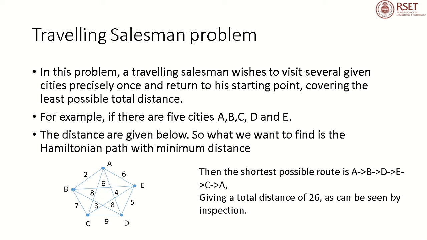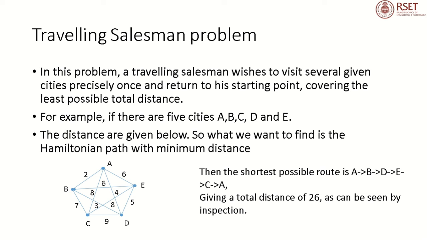In that case, we can consider a complete graph. For example, if there are 5 cities A, B, C, D and E, the distances are given as weights on the edges. What we want to find is the Hamiltonian circuit with minimum distance. That means we start from a point and end at the same point, visiting all the vertices exactly once.